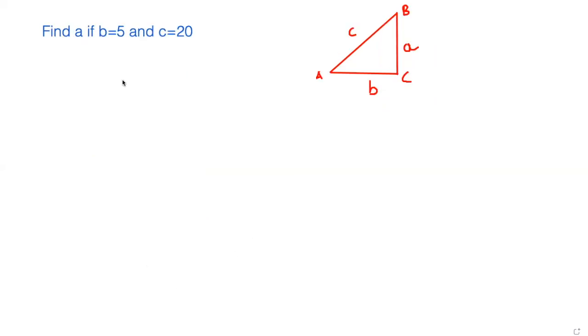So let's do another problem where we are given b equal to 5 and c equal to 20, and we are looking to find the value of a. Let's write down the formula first, which is c square equal to a square plus b square.